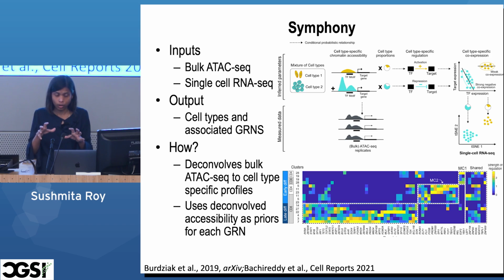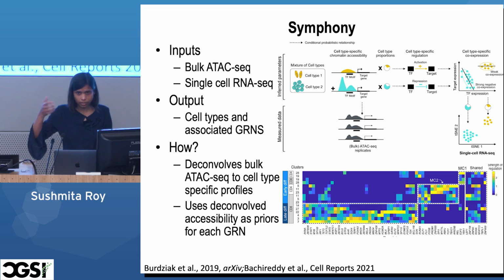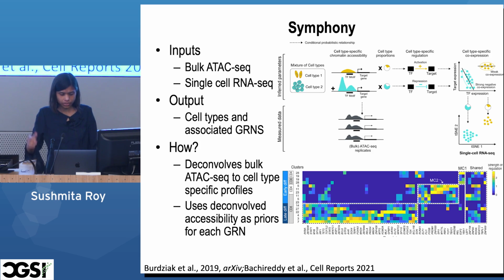The graph is modeled as a Gaussian graphical model, and so it solves the problem of deconvolution and inferring a gene regulatory network. In a way, it is defining the cell types using the gene regulatory network structure. There is a lot of heavy duty inference under the wraps. If you're interested, please check it out.